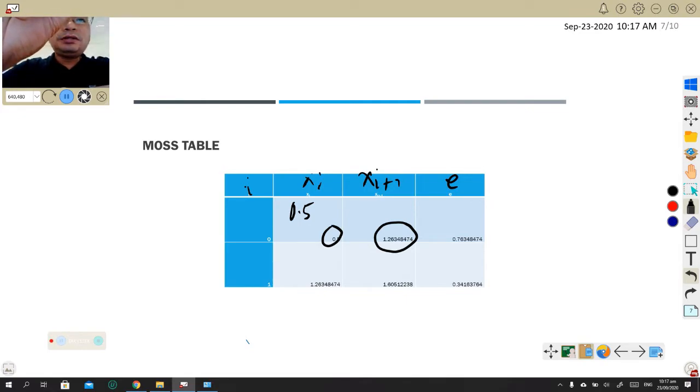By the way, the iteration column is just the number of iterations. Since we are at the initial iteration, we have here i equals 0, and the next one will be i equals 1, 2, 3, 4, and so on.